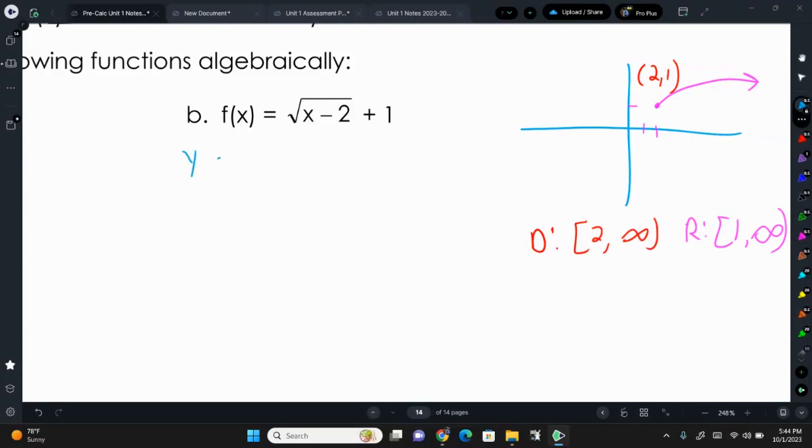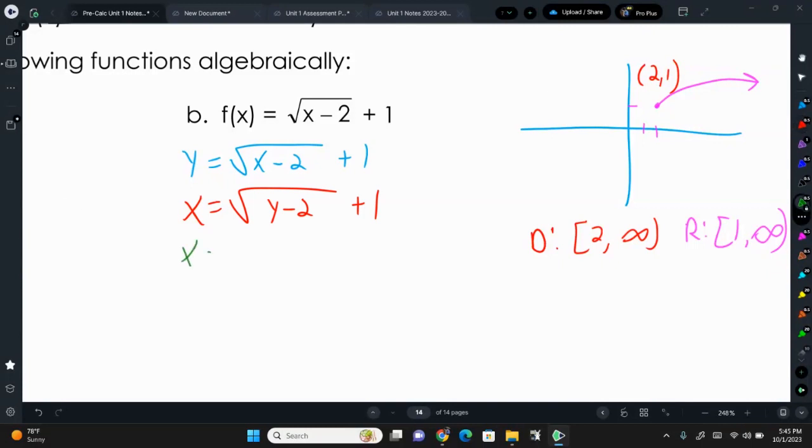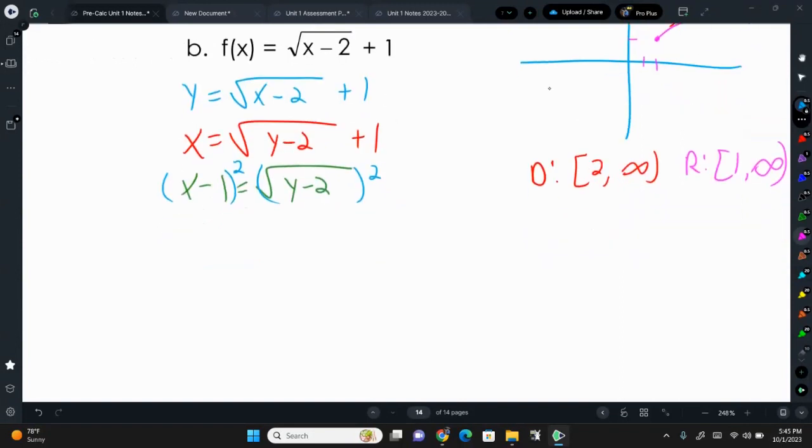All right, so we're going to write y equals the square root of x minus 2 plus 1. Switch where x and y are. Okay, so then we'll subtract 1 from both sides. x minus 1 equals the square root of y minus 2. Then we'll square both sides. When we square both sides, this will give us x minus 1 squared equals y minus 2.